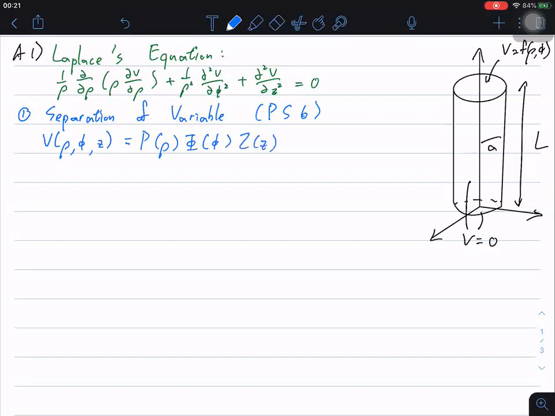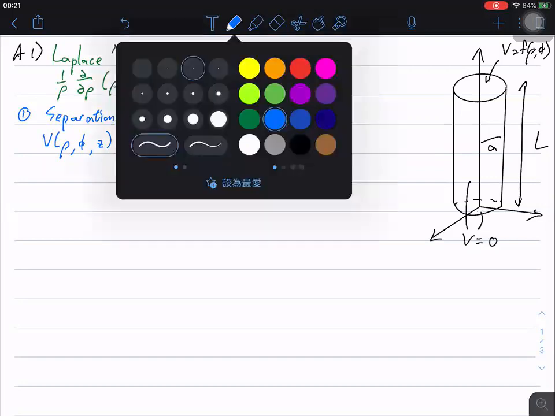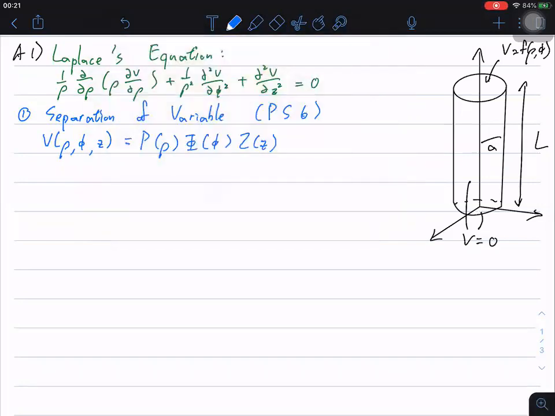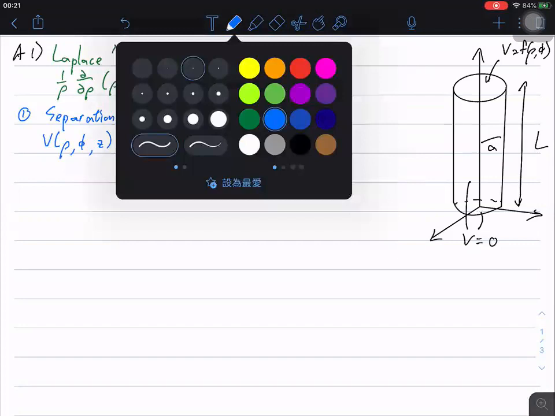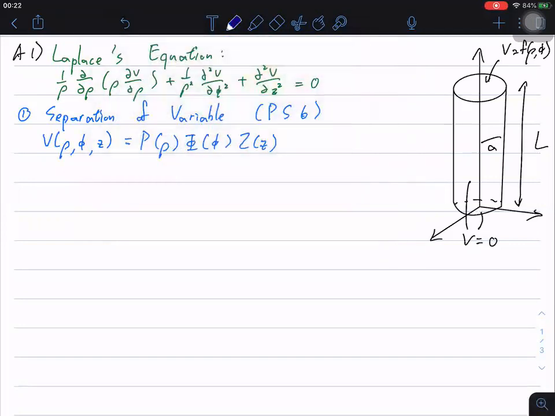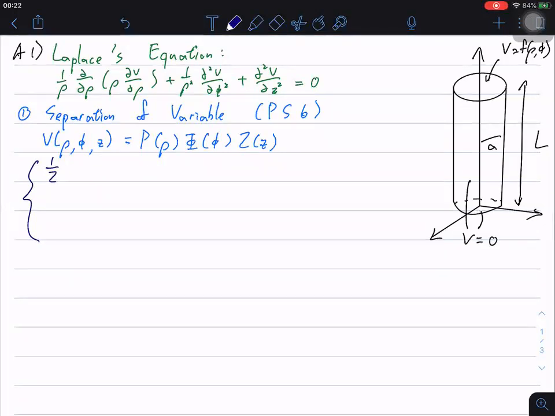After you separate into 3 functions, you plug them into the PDE. You can obtain 3 separate ordinary differential equations, with some extra constants k and m.